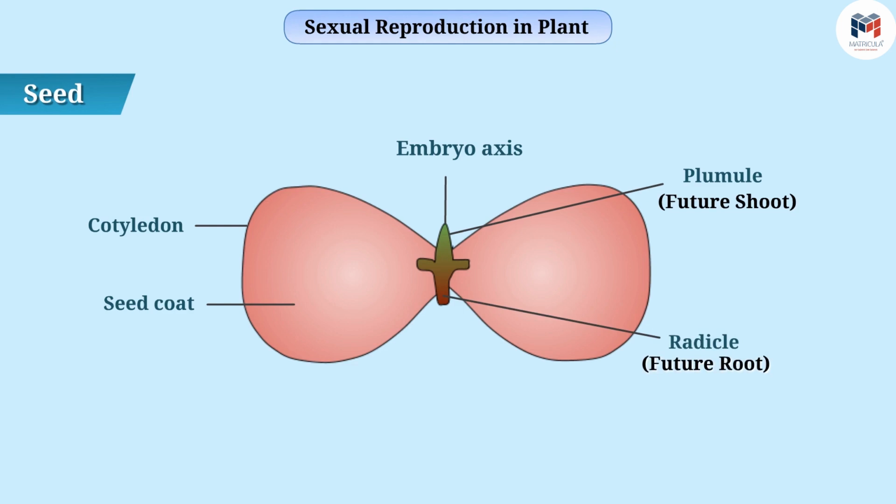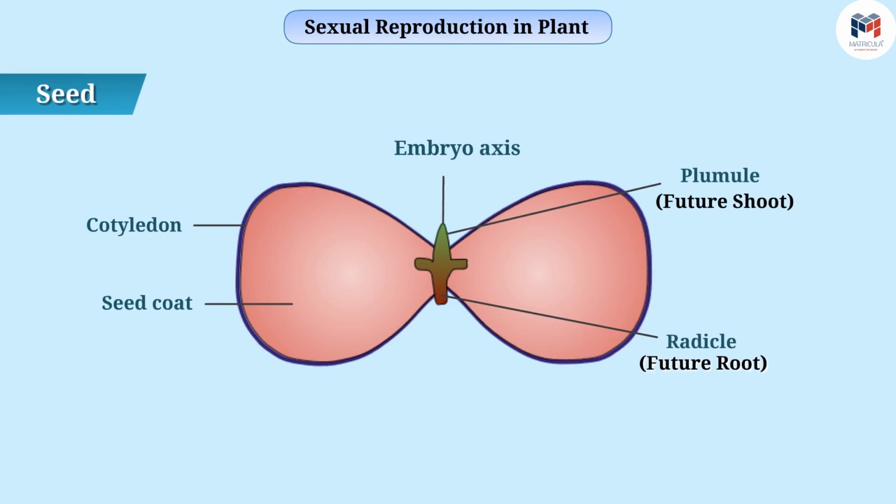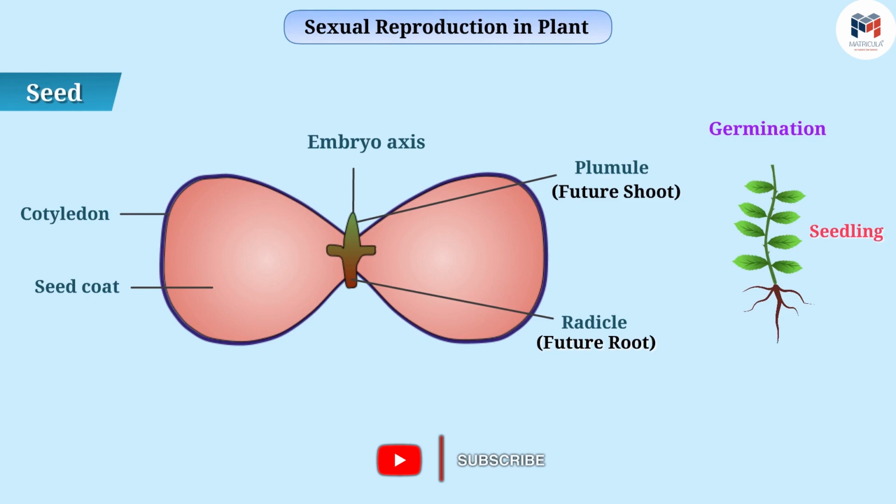Cotyledons are inflated structures in which the food of the embryo is preserved. In a favorable condition, the embryo develops into seedlings, which we call germination. The newborn develops and transforms into a new plant.